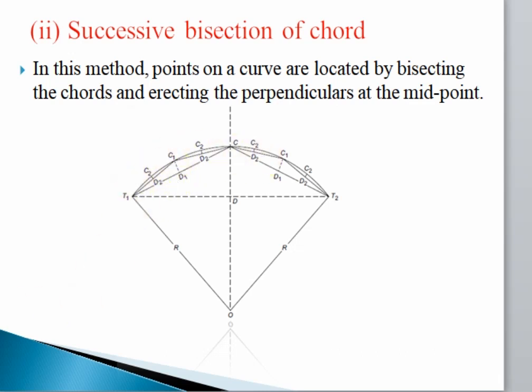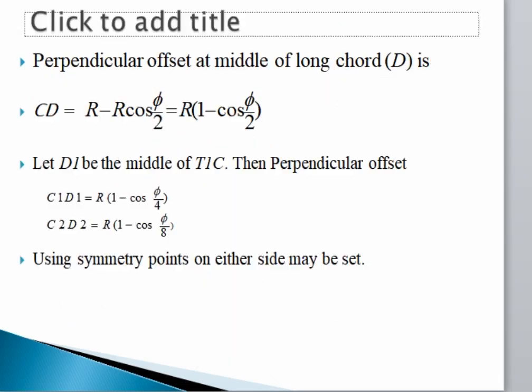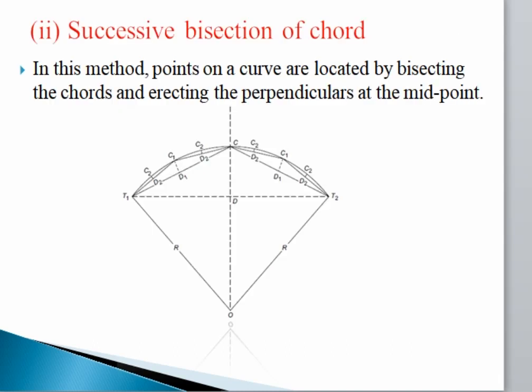Then, of the point T1C, the perpendicular offset C1D1. If you take the perpendicular offset C1D1, what is the total length of CD?